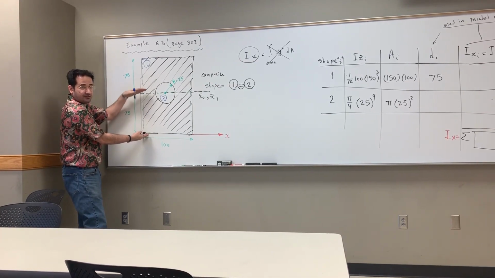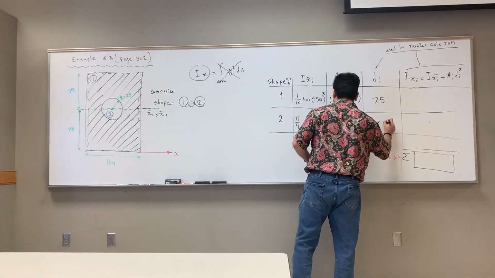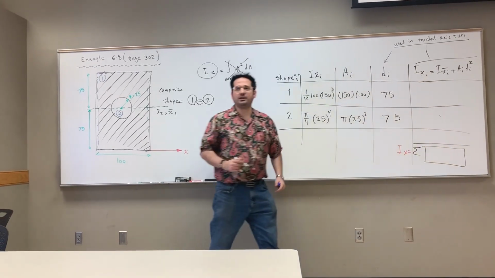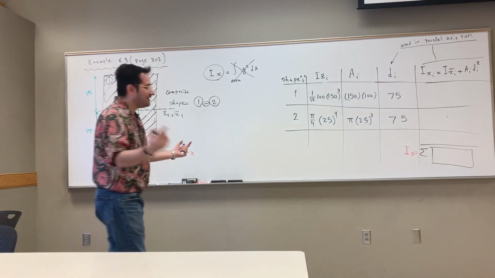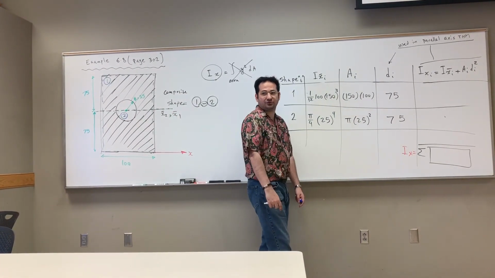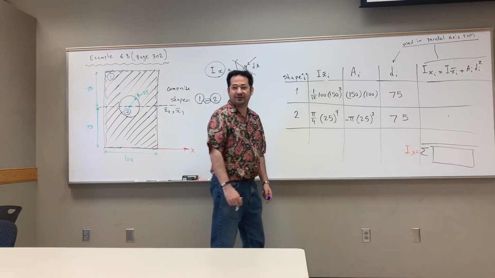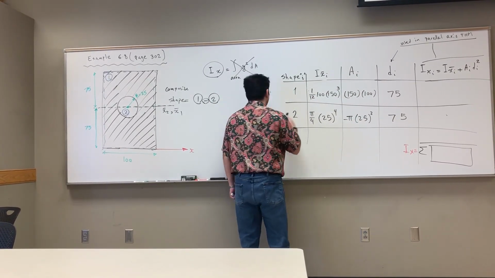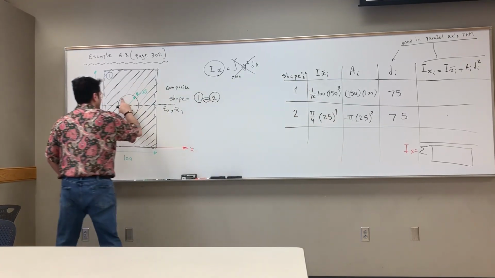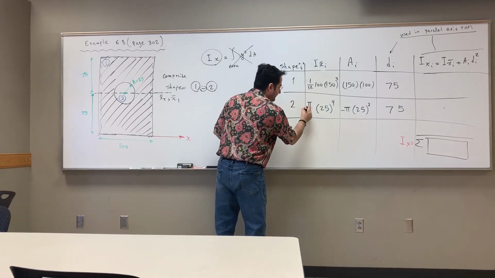How much you transfer it? 75. What am I missing here? Negative. From the centroid computation, the area was always negative, also this integral, because this doesn't exist, it's a hole here. It's empty. So if you do this integration, it's a negative sign.